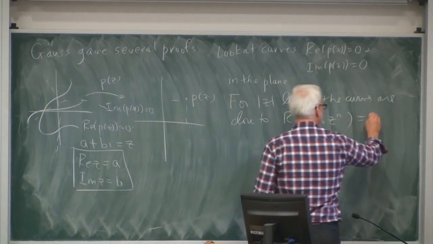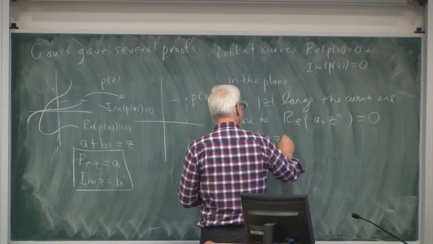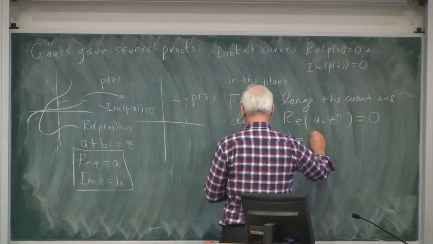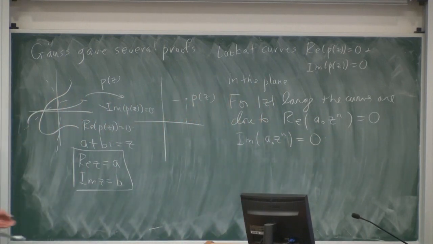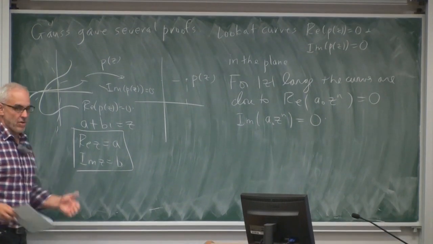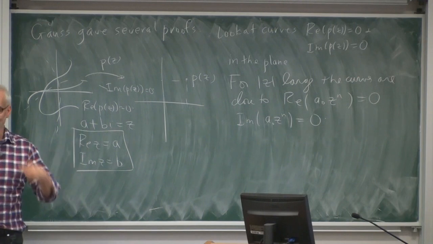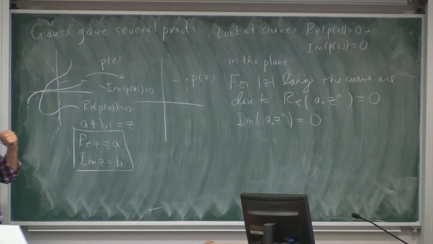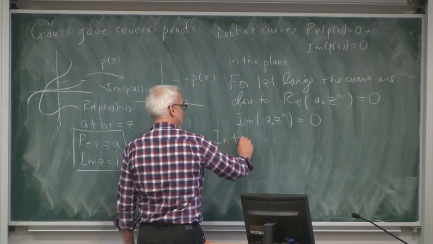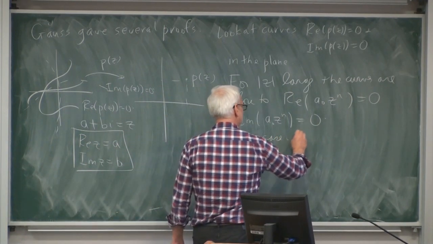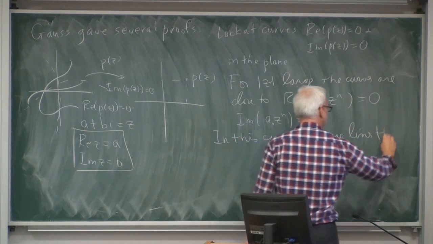The real part of a0 z to the n equals 0, and the imaginary part of a0 z to the n equals 0. So in other words, when we're very, very big, the polynomial just looks like a pure power, and those functions make these curves very easy to describe. In this case, the curves are lines through the origin.